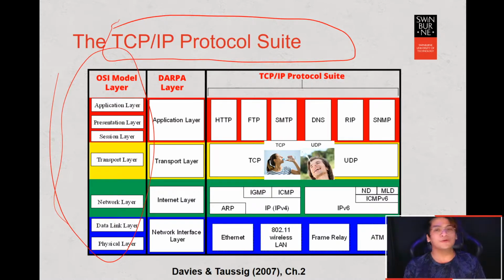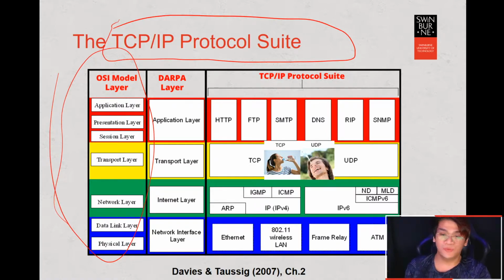TCP/IP protocol suites were developed by DARPA in the 70s. DARPA, which is also called Defense Advanced Research Projects Agency, is a part of the United States Department of Defense. It is built based on the OSI model. Instead of having 7 layers, it has 4 layers.